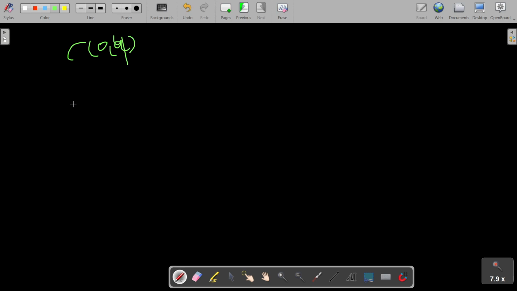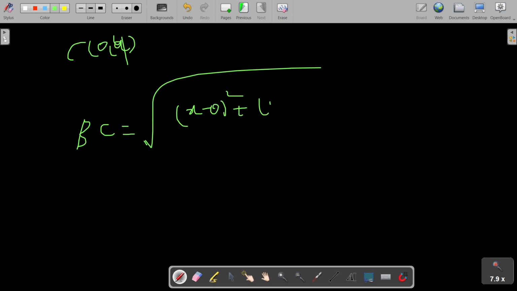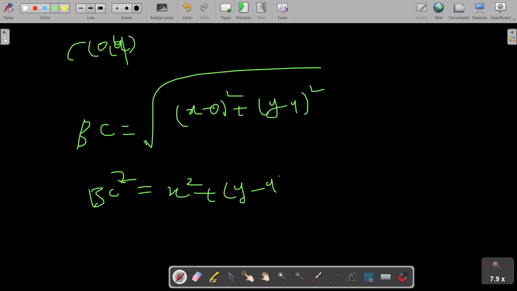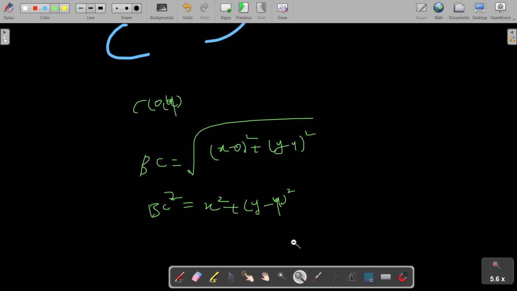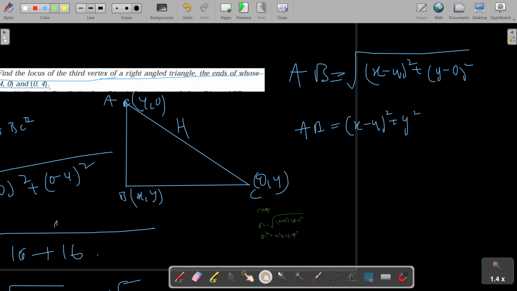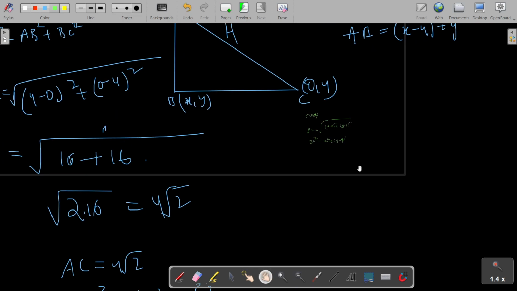So if I calculate BC, I get the square root of (x minus 0) whole squared plus (y minus 4) whole squared. Squaring both sides, I get x squared plus (y minus 4) whole squared.